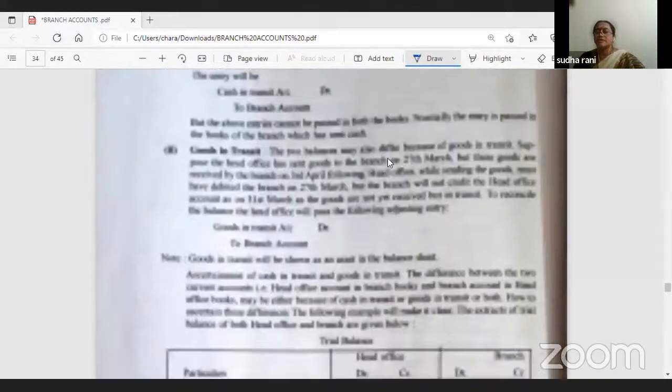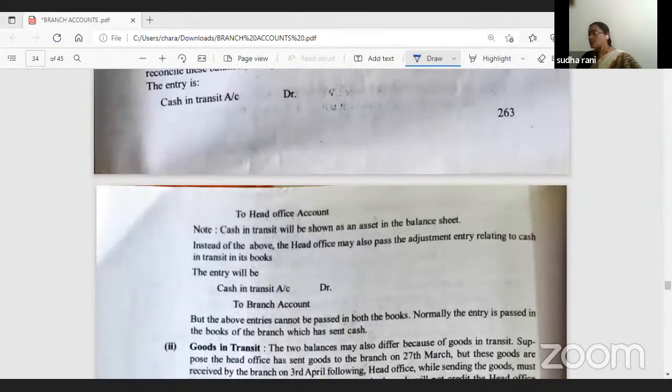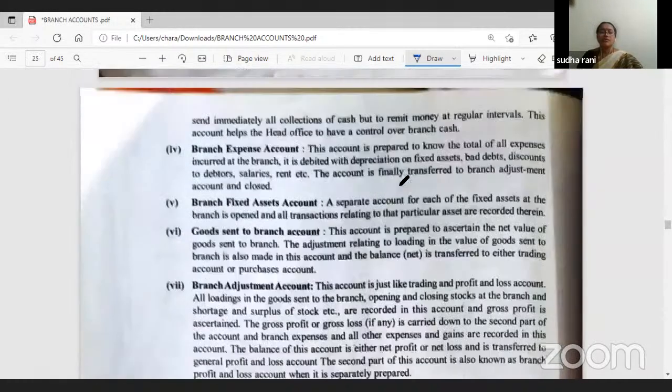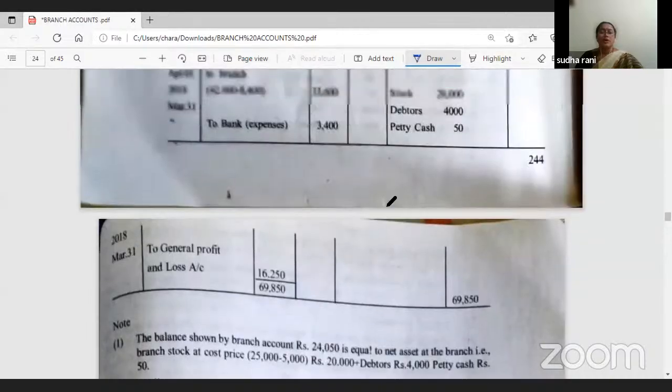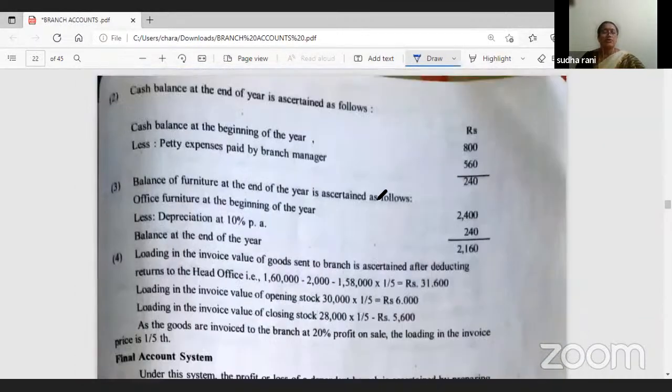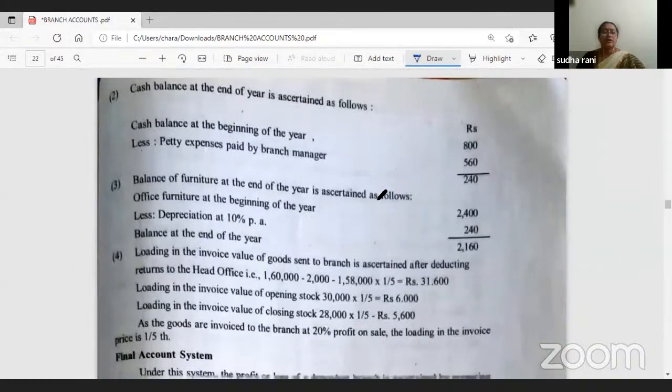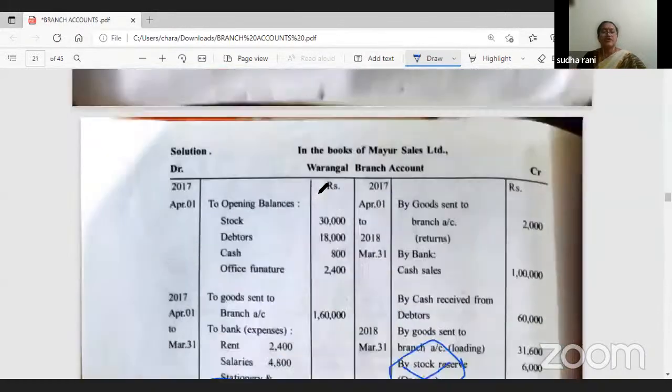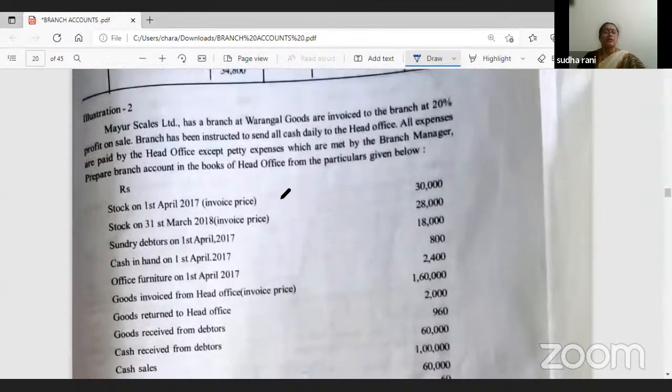Not dependent. Invoice price. Generally, let me show you the system. This one now. So invoice price. See the question first. It says supplied the goods at the invoice price of 20% profit on sale.